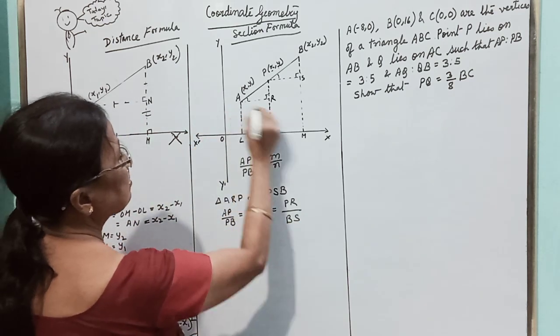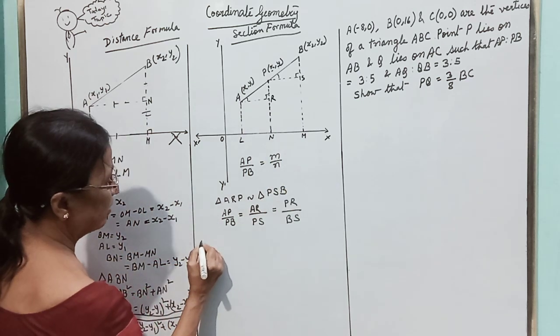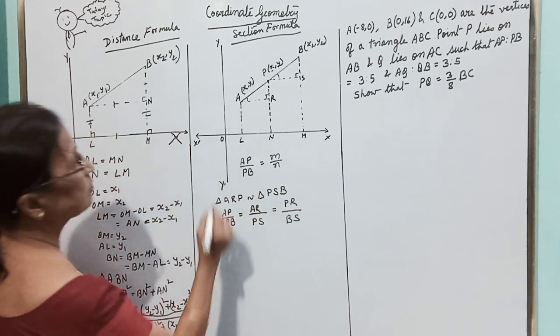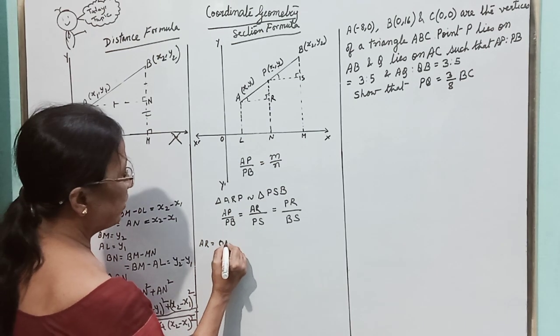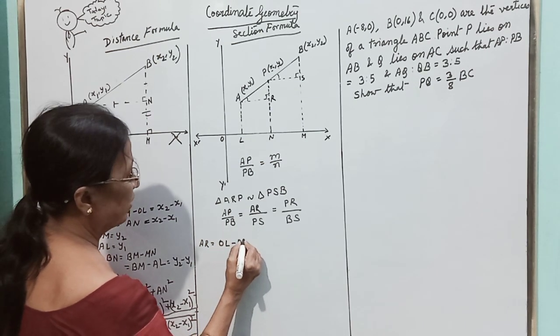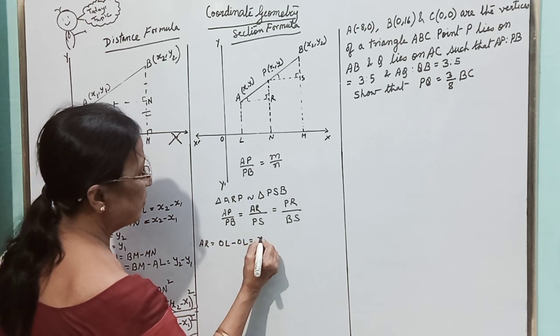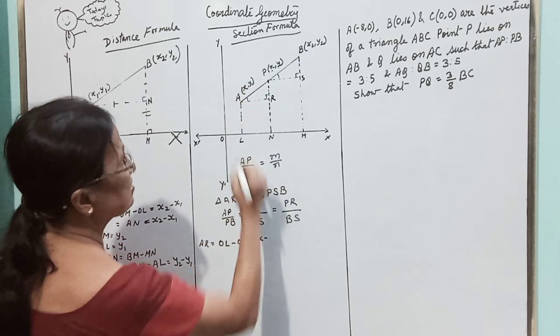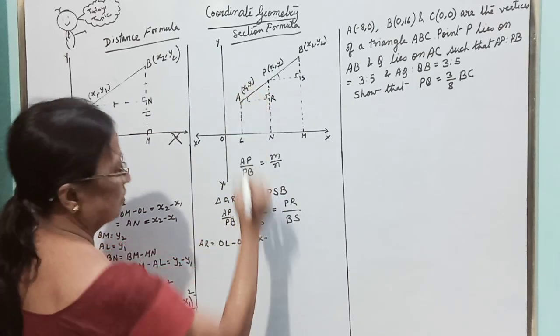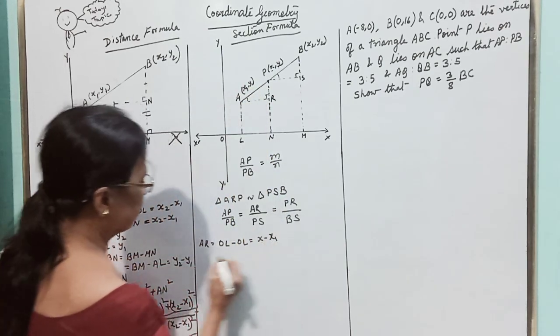Now first, what is AR? AR can be written as ON minus OL. So this is X minus X1.